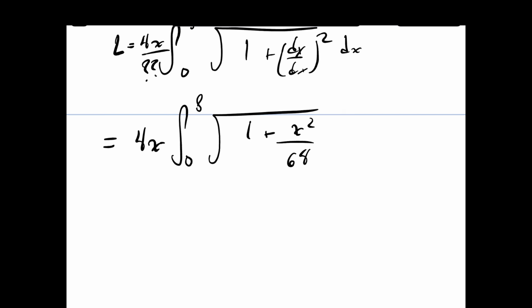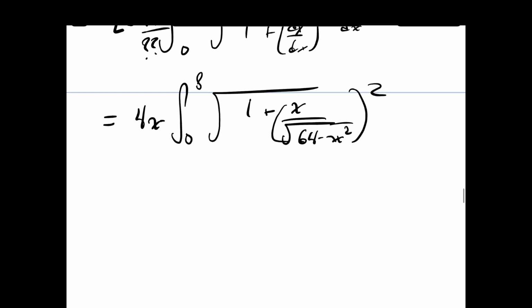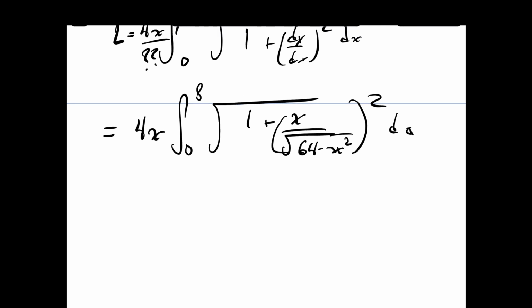Actually, I missed a step. x over root 64 minus x squared, square that, dx. That's the model that he's using.